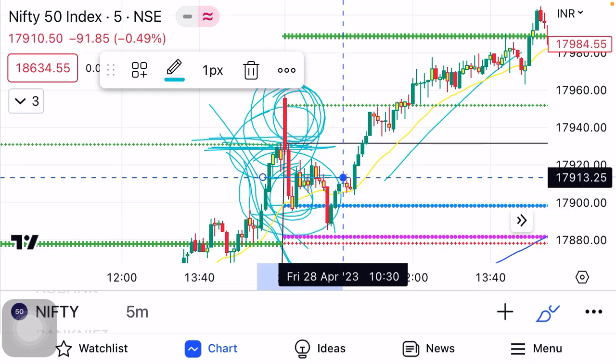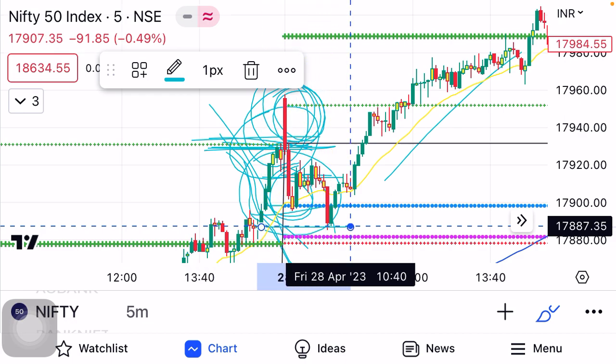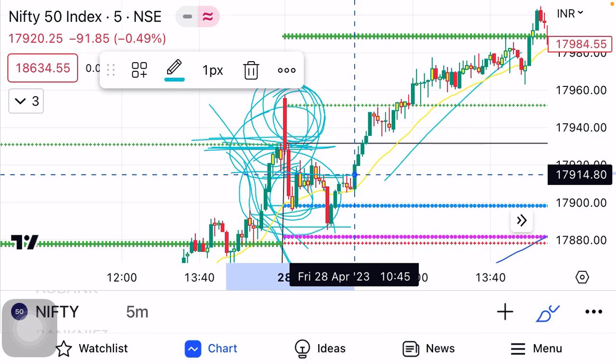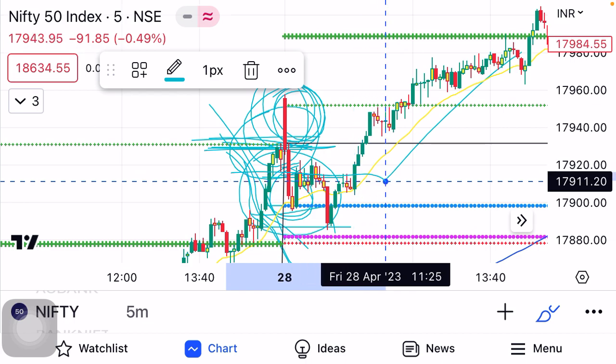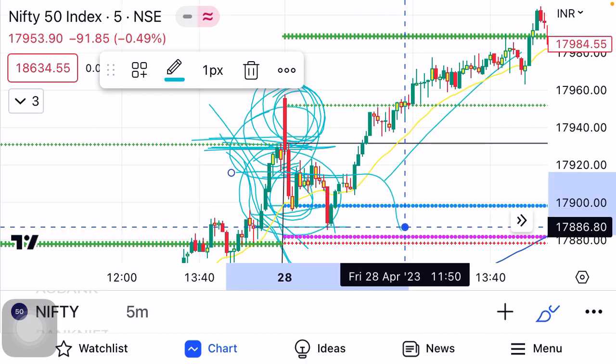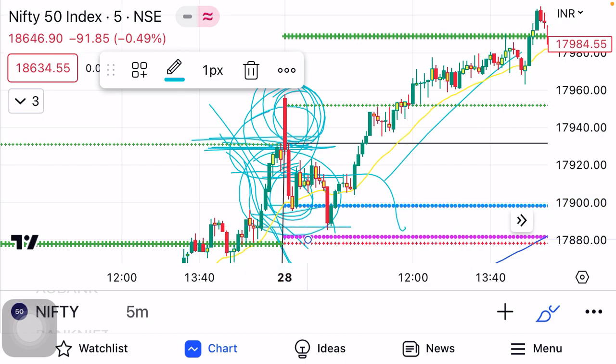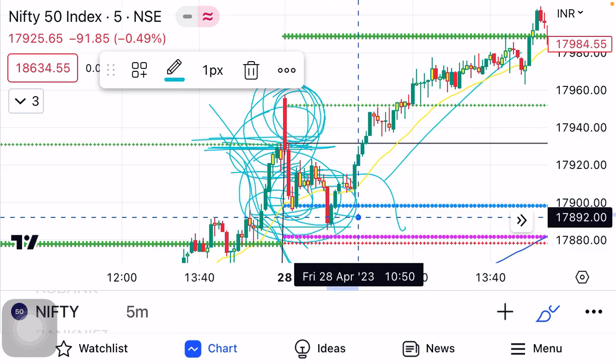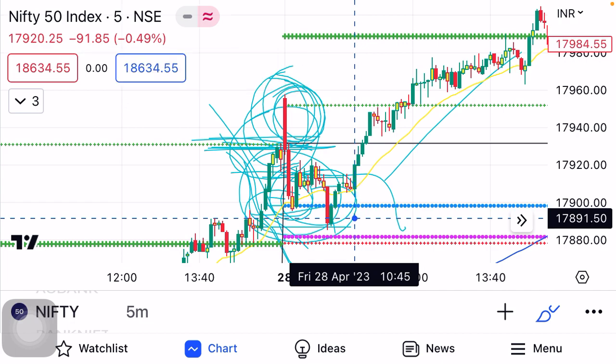And if you take a trade at this point, your stop loss will definitely hit, because if you take a trade at 17,910, it is of 30 points movement, so it's very risky to take a call at this point. So that was the reason we are not onto the call side.